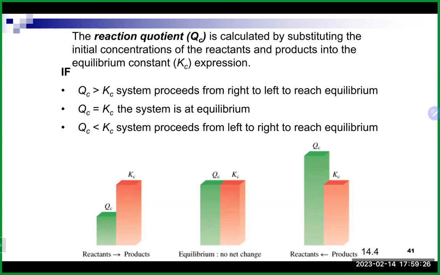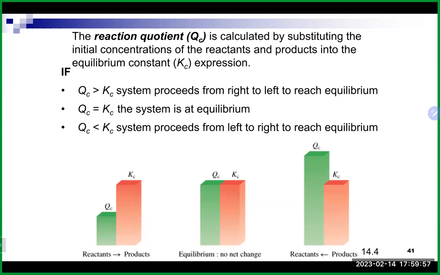You're given some concentrations of everybody, or even some pressures of everybody, and you're not sure if you are at equilibrium or not. So that is traditionally what the reaction quotient is used for, to help you determine whether you are at equilibrium or not. That would be a situation where you are given information about everybody in the reaction, reactants and products, so you could calculate Q.